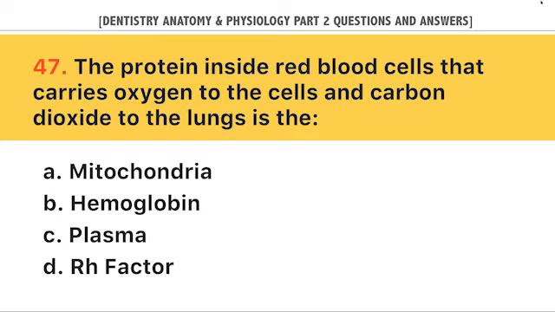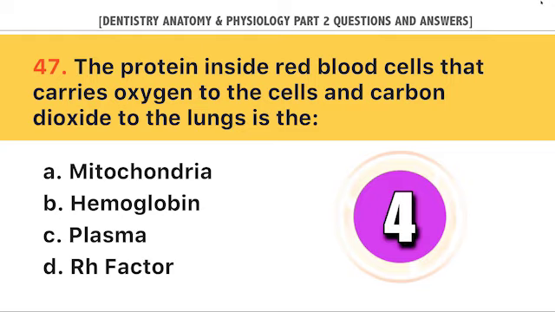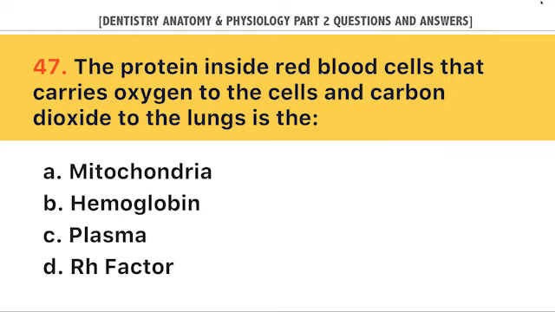The protein inside red blood cells that carries oxygen to the cells and carbon dioxide to the lungs is the A. Mitochondria, B. Hemoglobin, C. Plasma, D. Rh factor. Answer B. Hemoglobin.